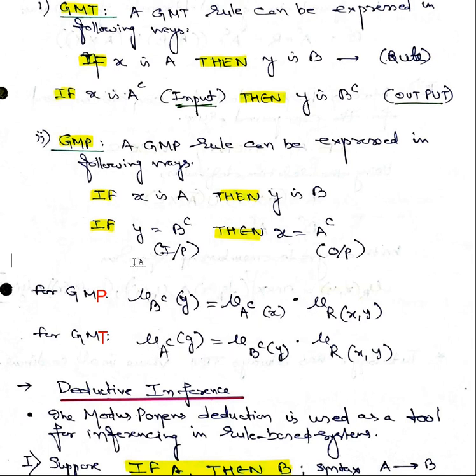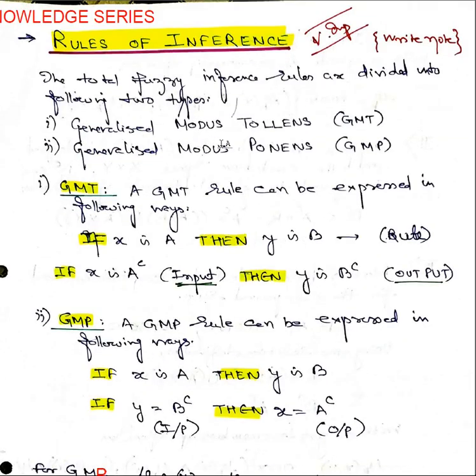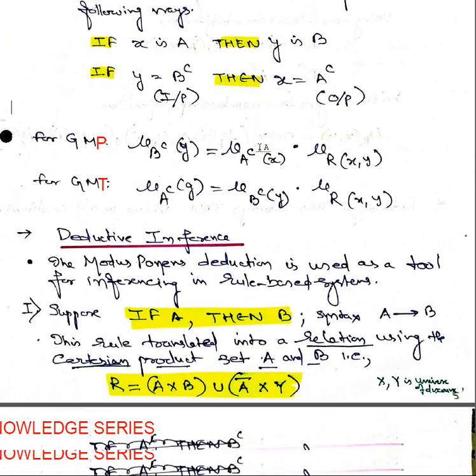That is how we represent the GMT rules in generalized modus ponens and tollens.